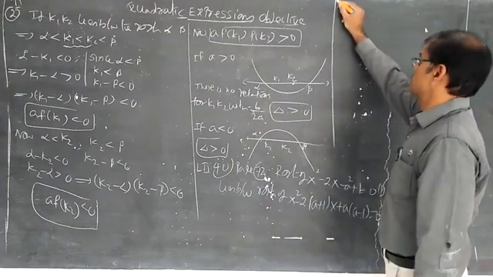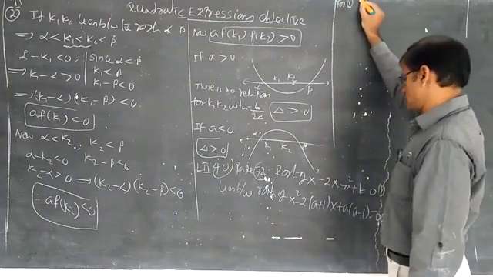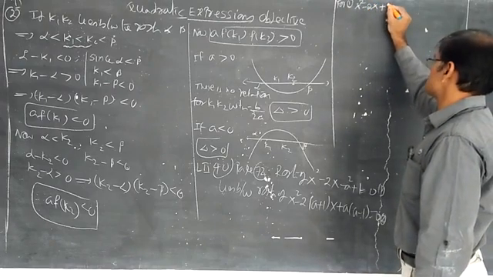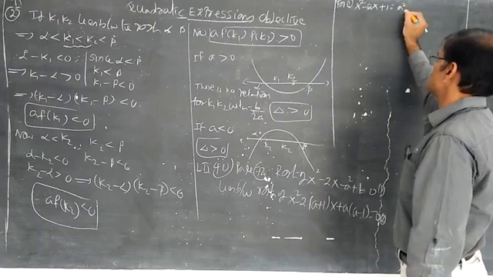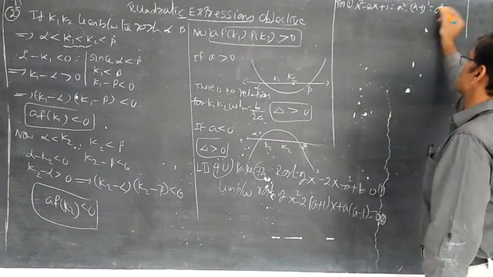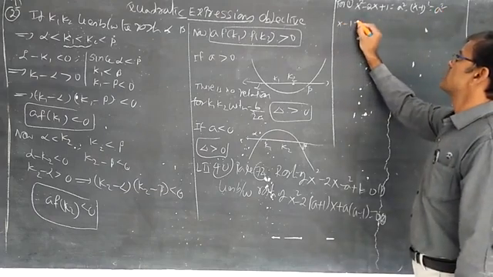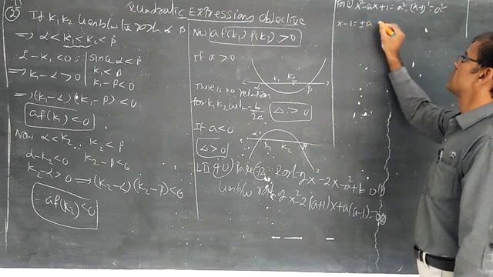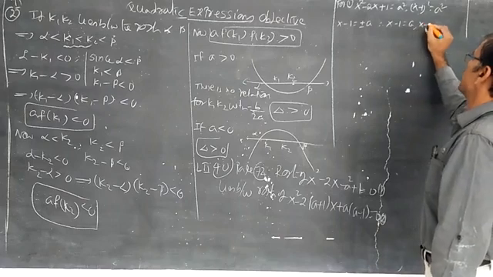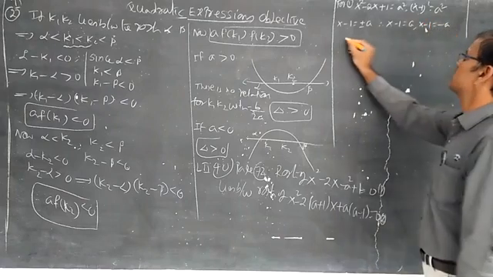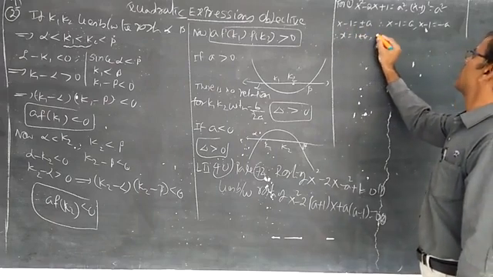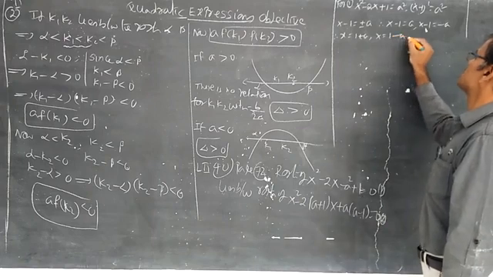For the first quadratic equation, you can write x square minus 2x plus 1 is equal to a square. So x minus 1 whole square equal to a square. So x minus 1 is equal to plus or minus a. Therefore x is equal to 1 plus a, x is equal to 1 minus a.